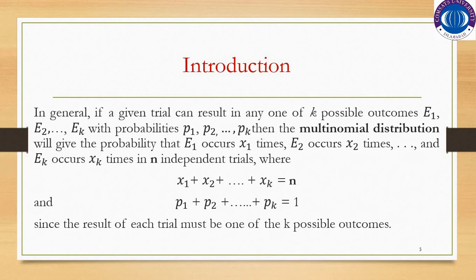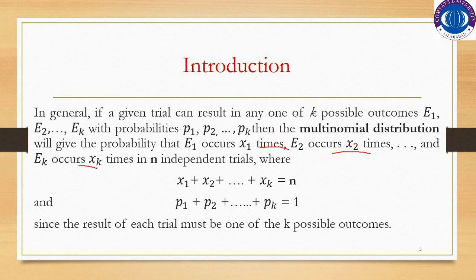So, in general, if a given trial can result in any one of k possible outcomes, let's suppose we have k possible outcomes E1, E2 till Ek, and their probabilities are P1, P2 and Pk, then the multinomial distribution will give the probability that E1 occurs x1 times, E2 occurs x2 times, and Ek occurs xk times.